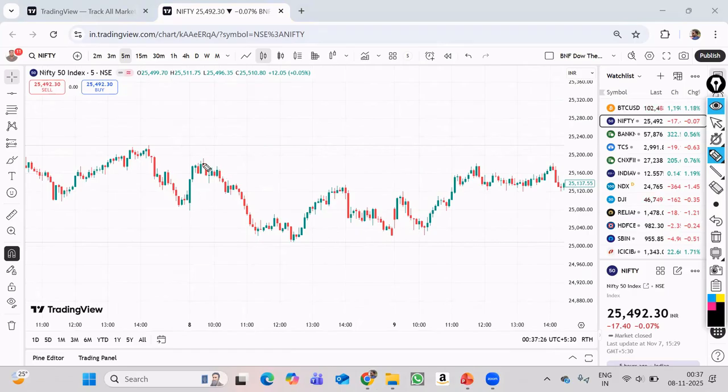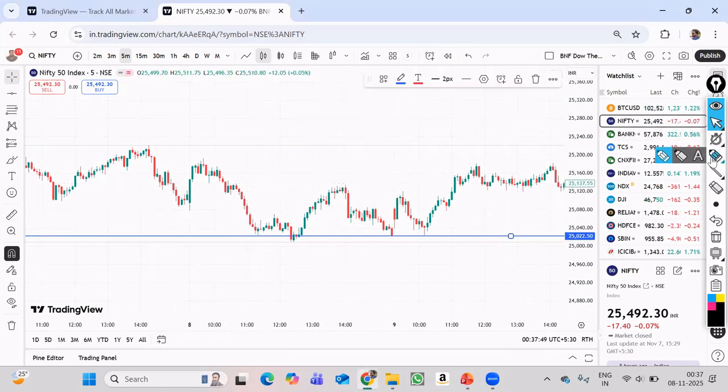What did the price do here? The price is making lower high and lower low, correct? So look at the momentum here when it made a lower high, lower low. Clear? Now if I mark the swing low here, what did the price do here?